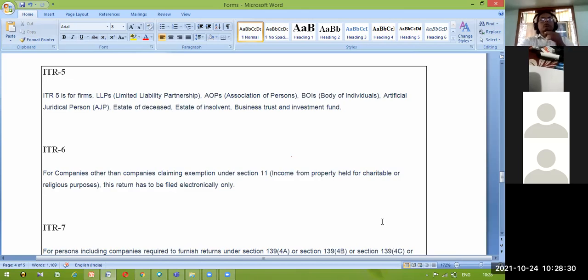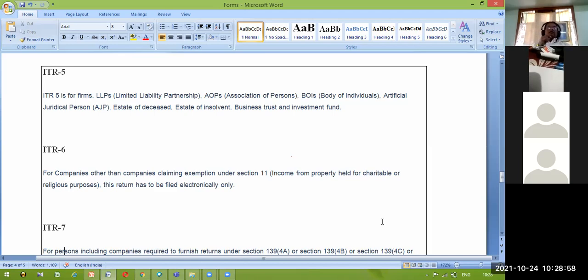These companies are having some charitable or religious property, and there is some income from that property, and they are claiming exemption. So ITR 6 is for companies other than companies claiming exemption under section 11.